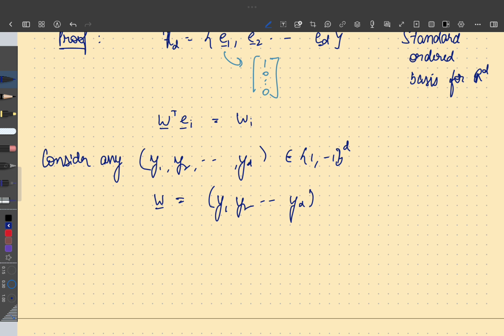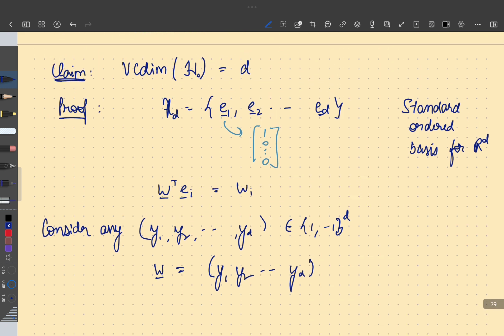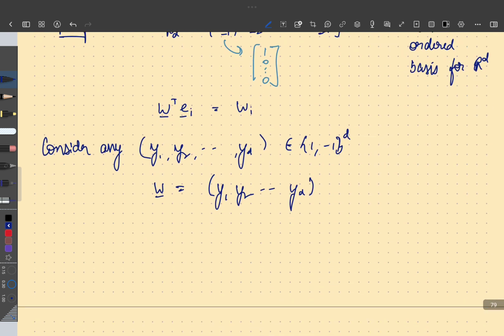Of course, we don't need that much. We just want the sign to match. But in this case, in fact, I can take W to be any vector which has the same sign as Yi, so that the sign of W transpose X is equal to Yi.